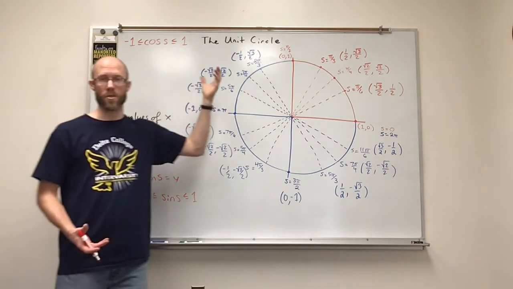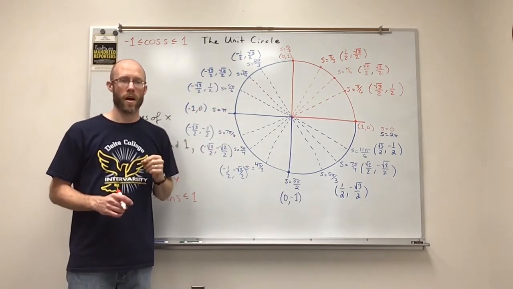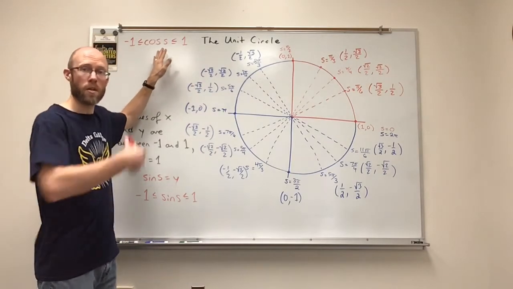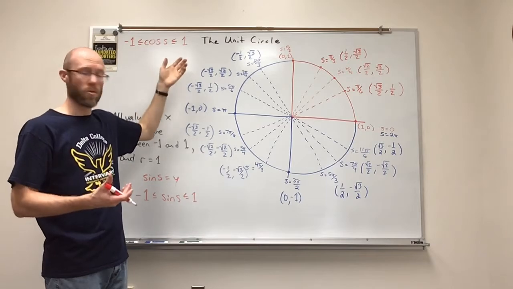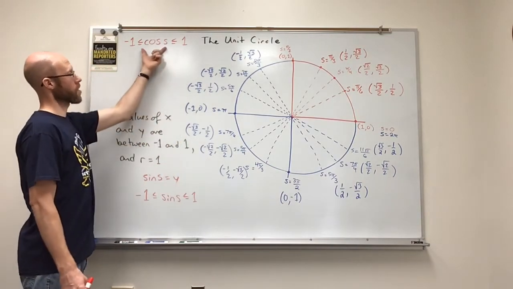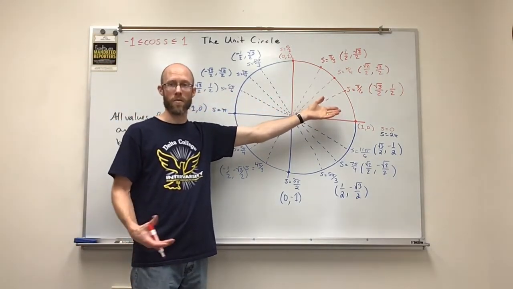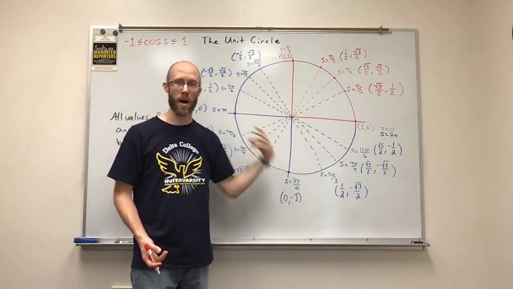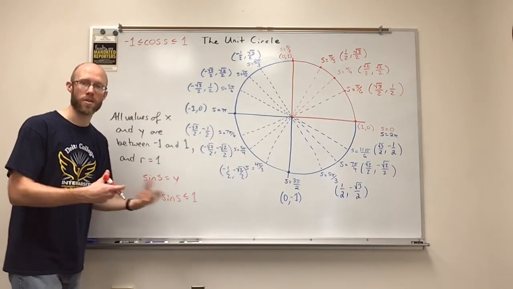You may remember this from an algebra class where we talk about functions. But these are trig functions. You input a value of an angle and get out a value of a ratio, or in this case an x or y. The domain of the sine and the domain of the cosine are just all the angles that give you outputs, and it could be anything. It could be big positive numbers, big negative numbers, it doesn't matter how big or small.